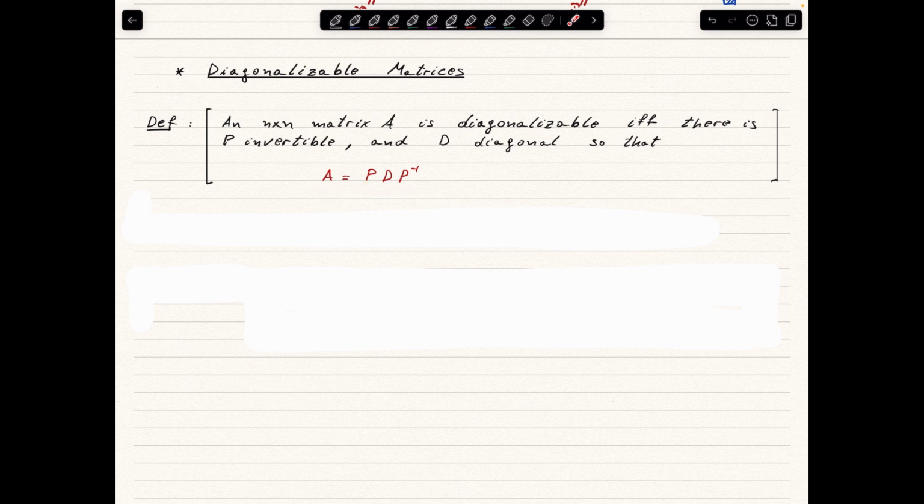So we can factorize matrix A as a product of three matrices, and the middle matrix is diagonal and the other two are inverses of each other.